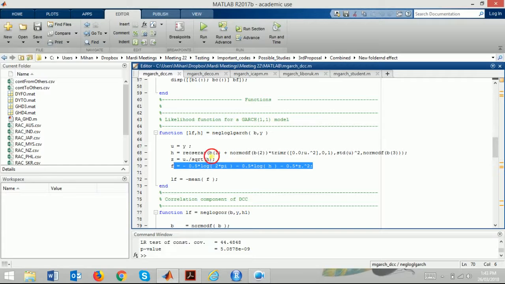Yes, so we have half z squared. So h, the standard deviation, is the question. So beta 1 normal cumulative distribution, beta 2 times the standard deviation u, norm CDF beta 3. So norm CDF, let's see the function.